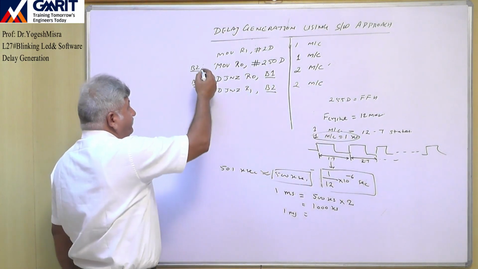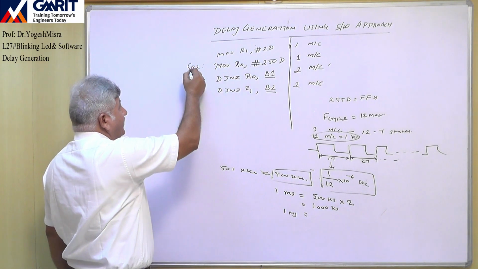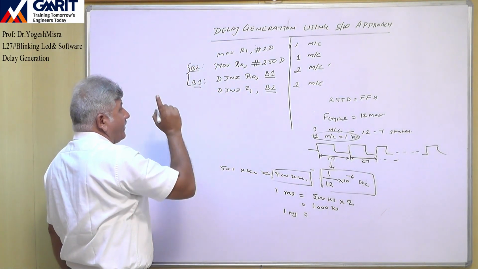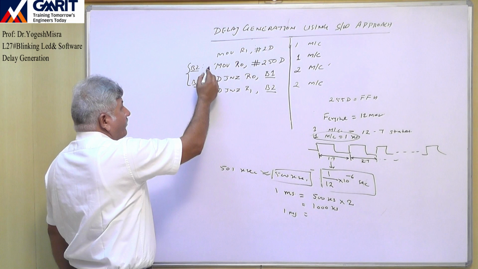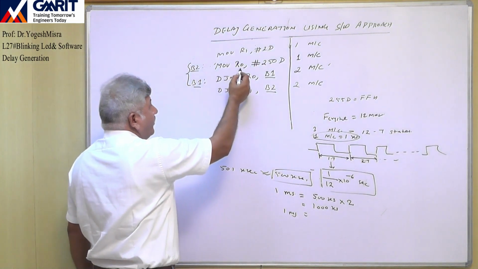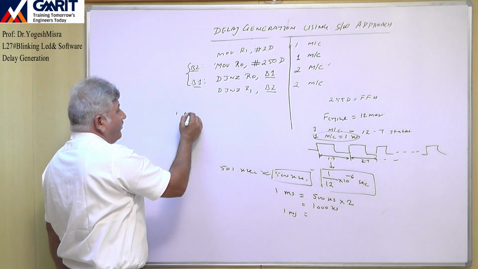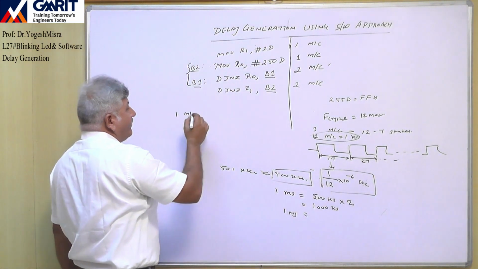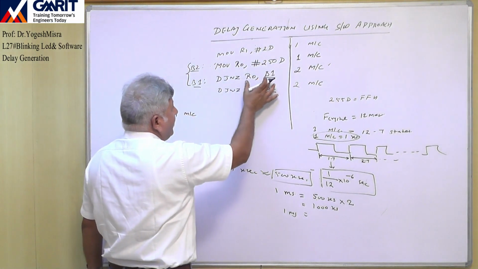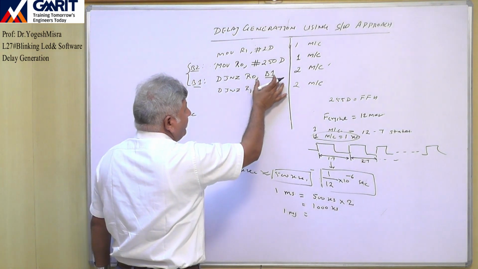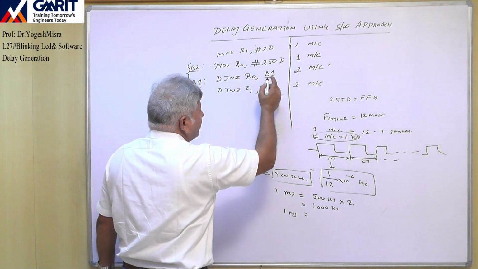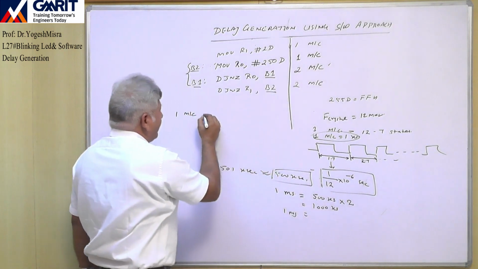Now for this set of instructions, MOV R0, #250 requires one machine cycle. To execute DJNZ R0, B1 once, we require two machine cycles.